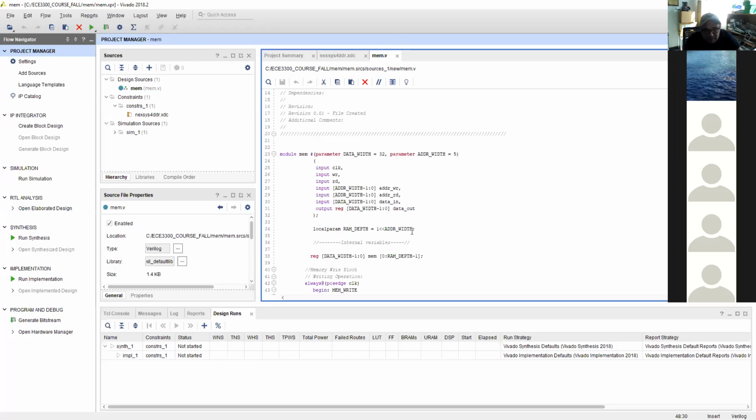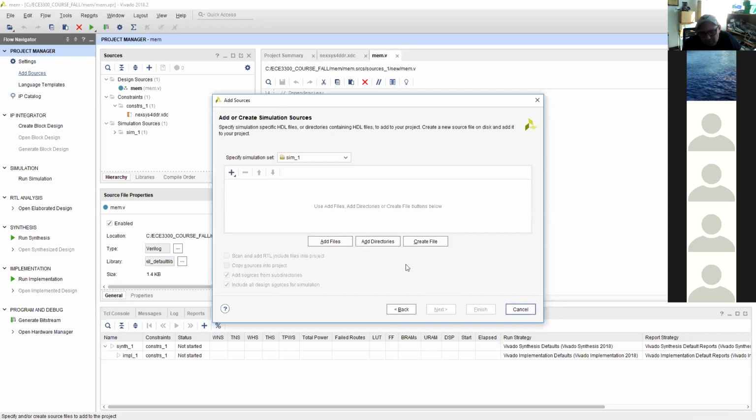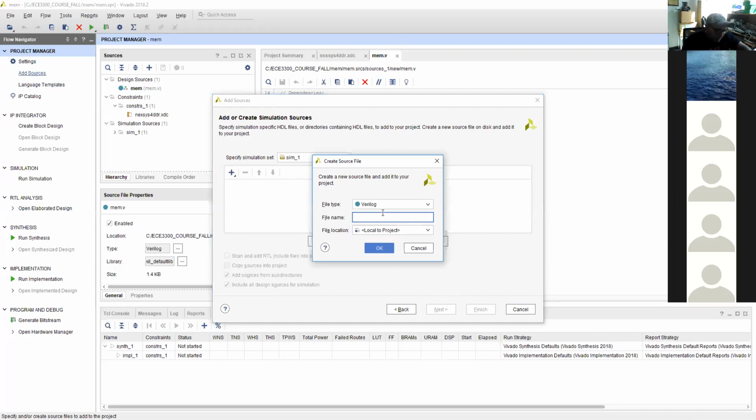So we can try something, which is writing the test bench, because I'm gonna teach you a trick now in the test bench. So create simulation. And we call it what? Mem TB.